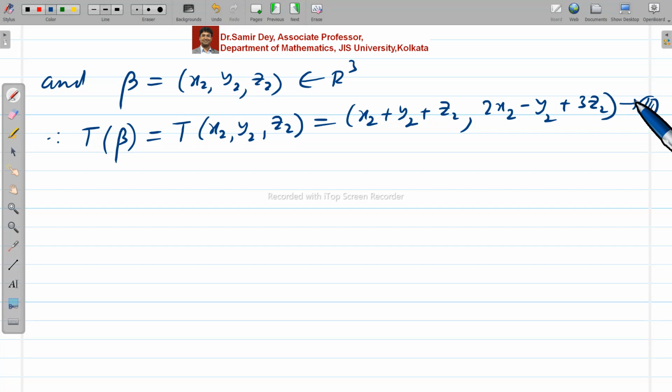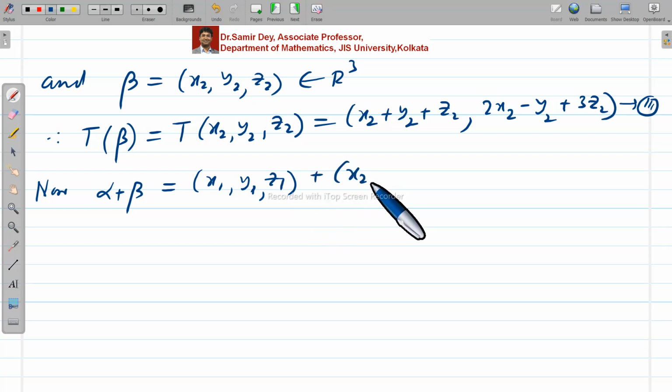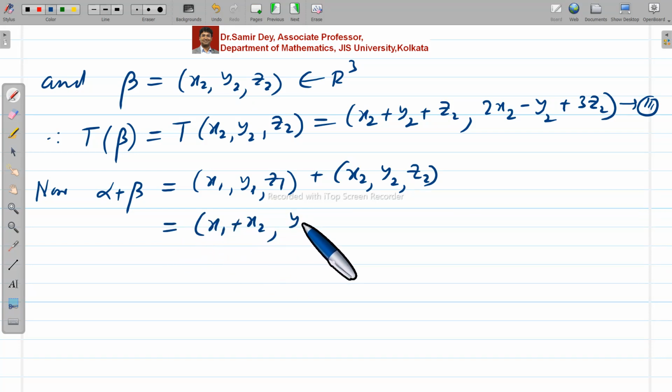Okay, so please write down now α + β, which is nothing but (x1, y1, z1) + (x2, y2, z2). So basically it is (x1 + x2, y1 + y2, z1 + z2).